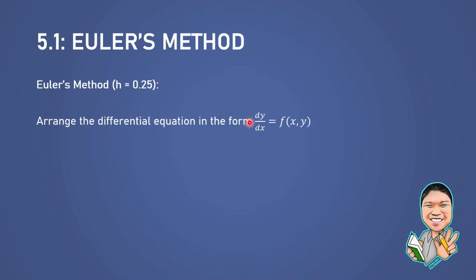Let's arrange the differential equation in the form dy over dx is equal to f of x, y. So this is our original differential equation. What you will do is isolate dy over dx. So in that case, y dy is equal to e raised to x minus 2x dx.